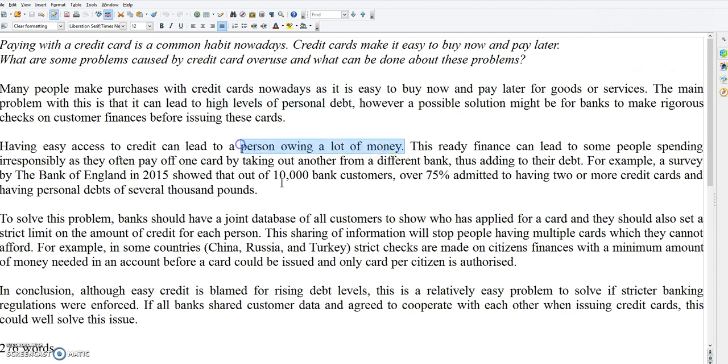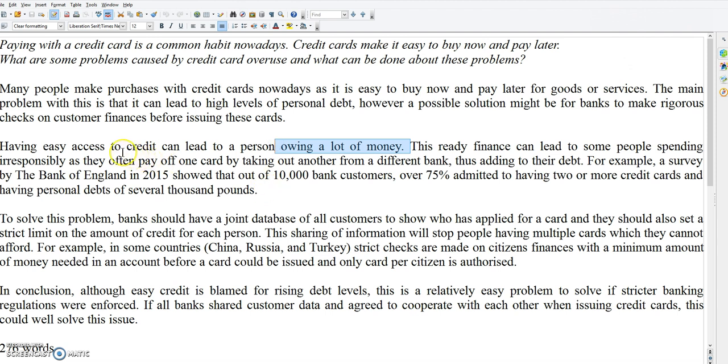This is also a good way to show cohesion and coherence, as someone was asking me about just a minute or 2 ago. So, simple sentence. The problem is, and you don't have to say on the one hand or firstly, just get straight to the point. Having easy access can lead to a person owing a lot of money.